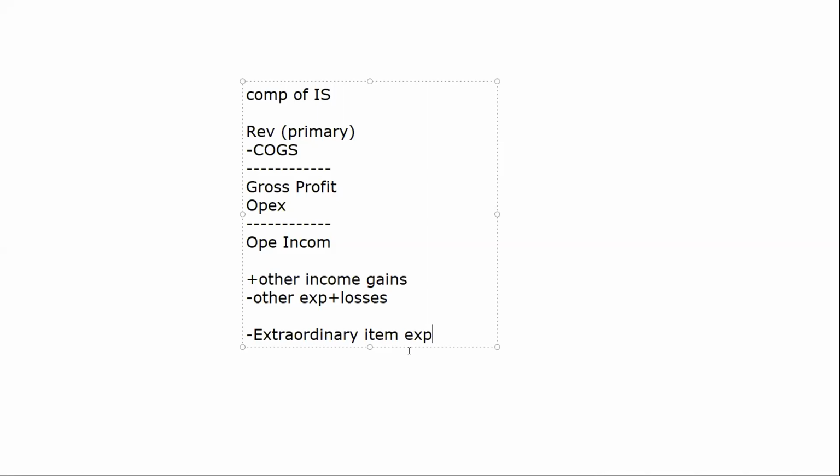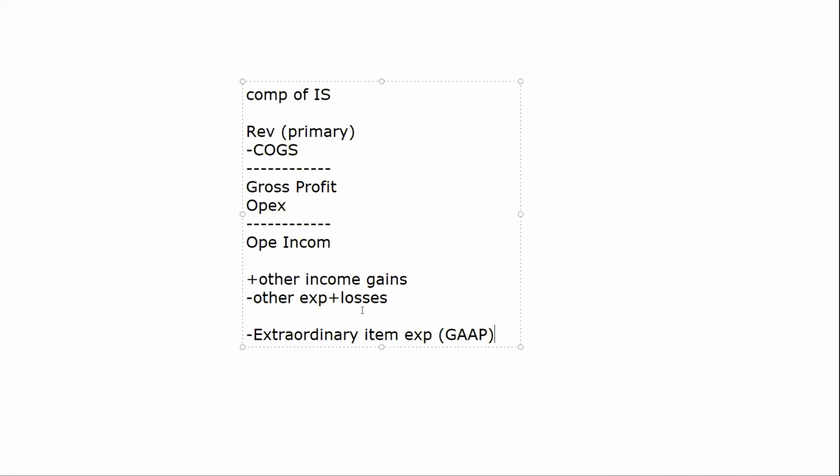So GAAP says this type of expense, something that comes on an extraordinary basis, should be added separately as a separate component. This is what GAAP says. However, according to IFRS guidelines, there shouldn't be something called extraordinary items.